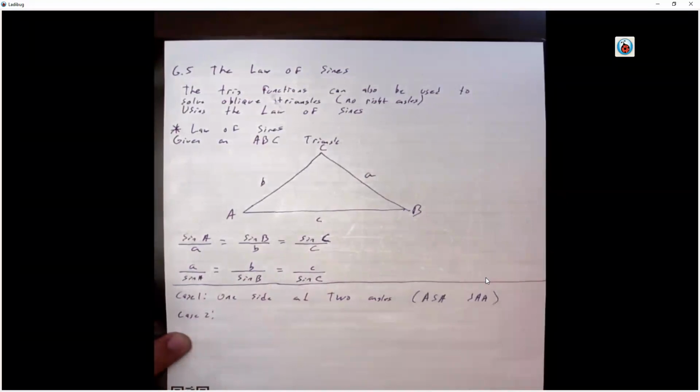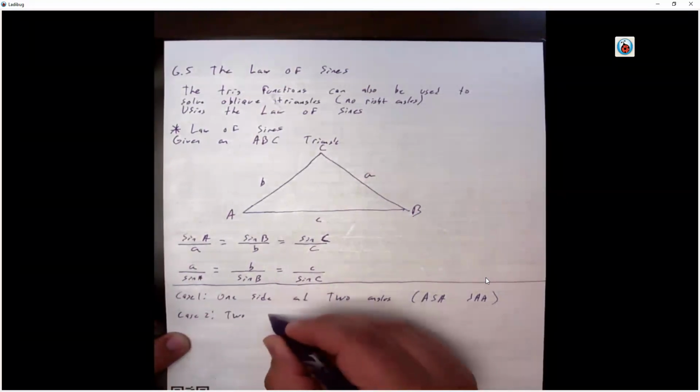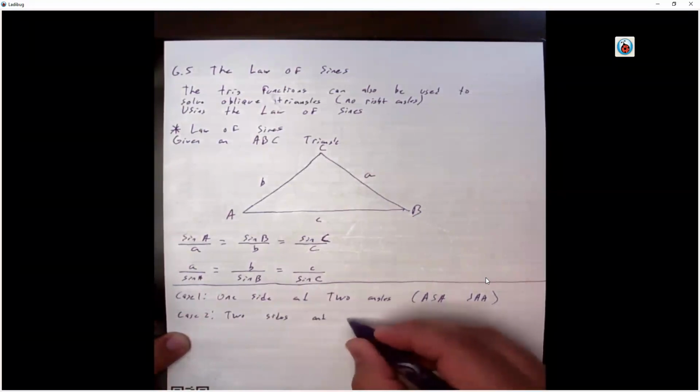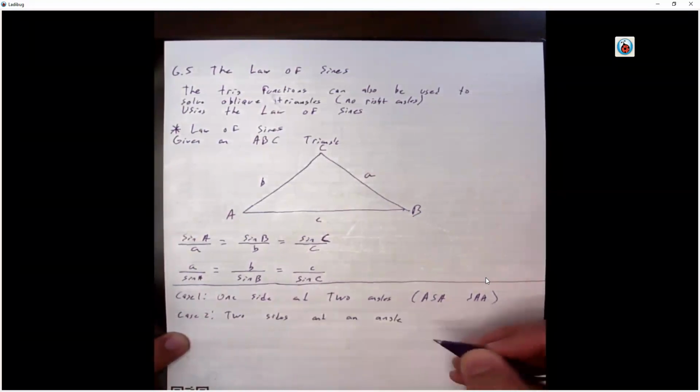Case 2, you have 2 sides and an angle opposite to one of those sides.